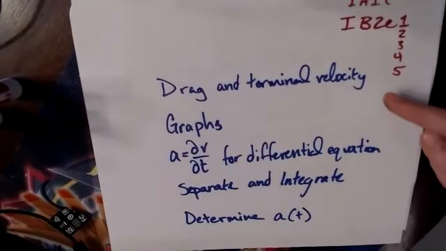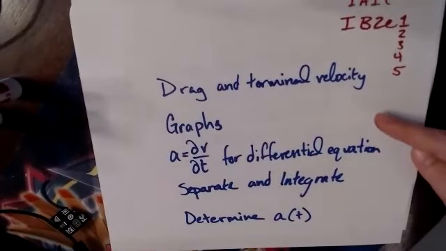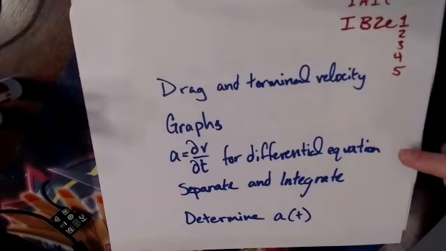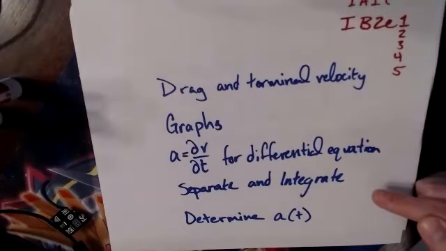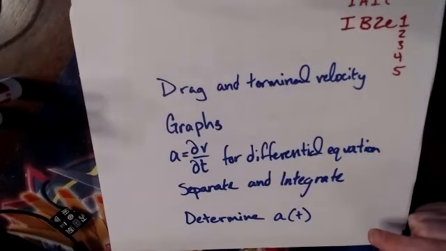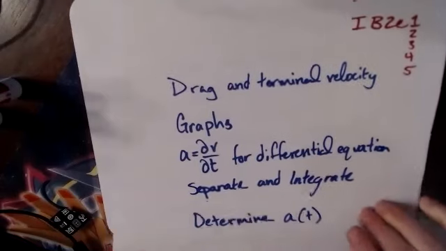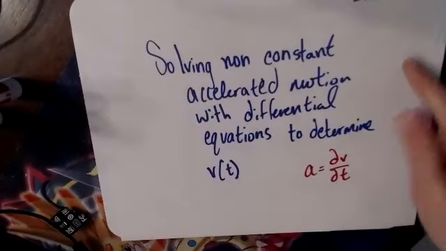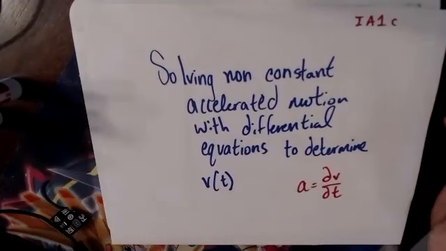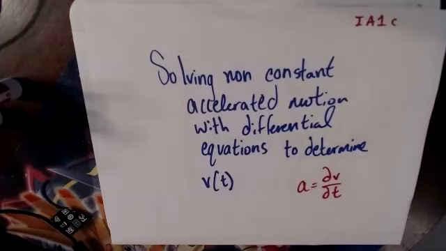When we have to determine drag and terminal velocity, we have to be able to graph it. We have to be able to do the differential equation. We have to separate and integrate, and then go back and determine what the a as a function of t is. So we're going to get to 1a, 1c, later in today's review session.